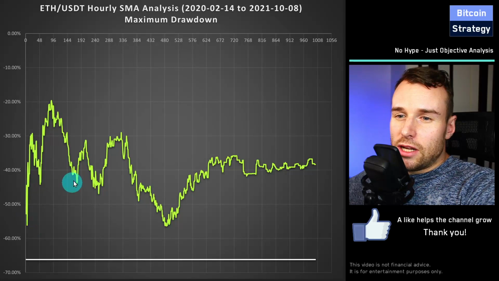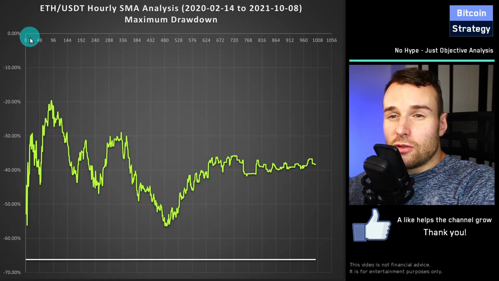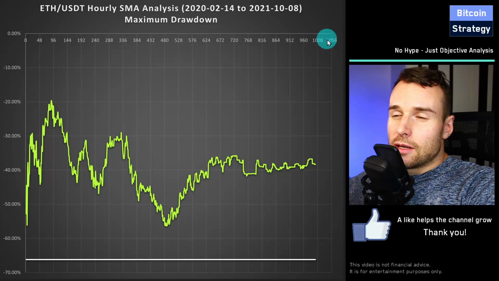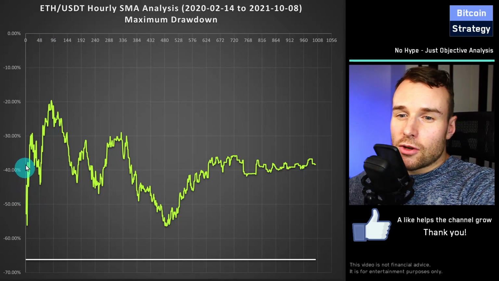Now, what is this green line over here? This is the result of 1,000 backtests. What you see over here is the duration of the moving average measured in hours. So over here, we've got the 48-hour moving average. Over here, we've got the 96-hour moving average, etc. And each of those dots on the line is a result of the backtest.